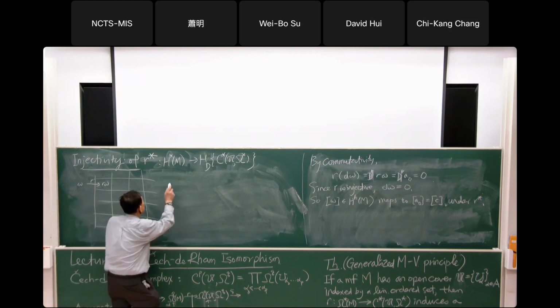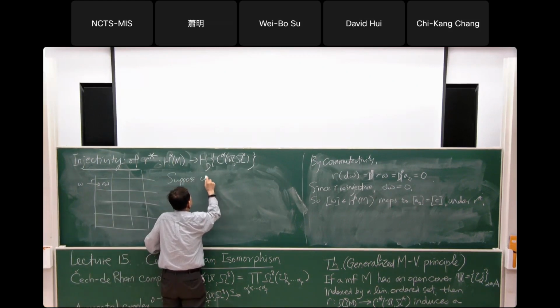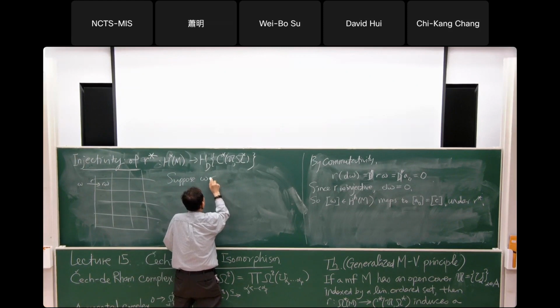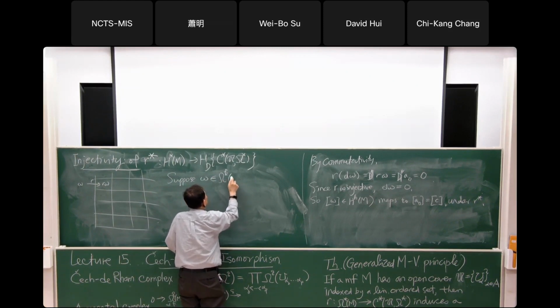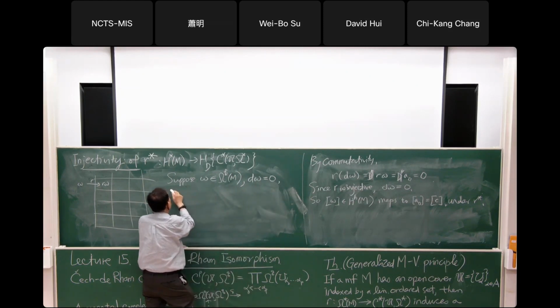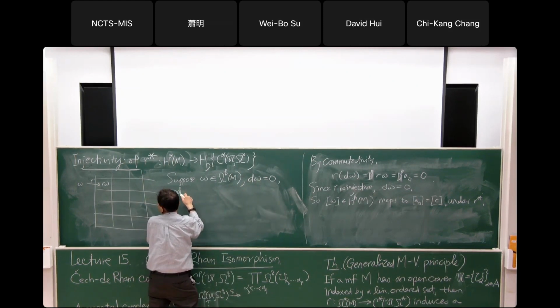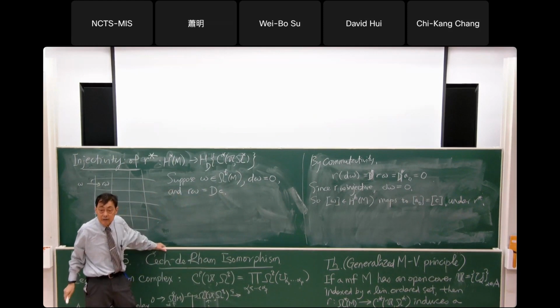So suppose omega is a closed form on M, and R omega is equal to D of some cochain.